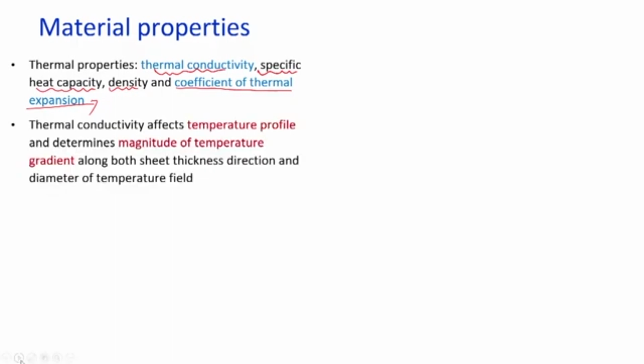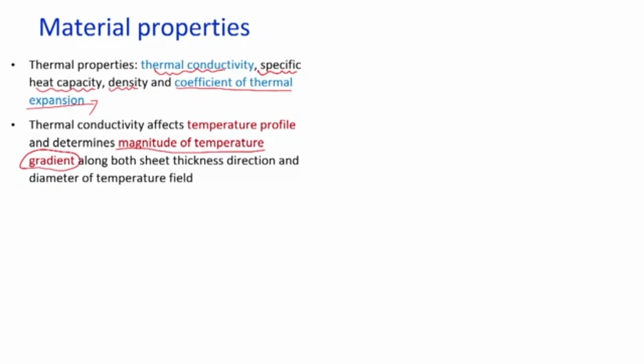As far as laser bending is concerned, the most prominent thermal property, thermal conductivity, is affecting the temperature profile. It is determining the magnitude of the temperature gradient in the thermal gradient mechanism (TGM) based laser bending.